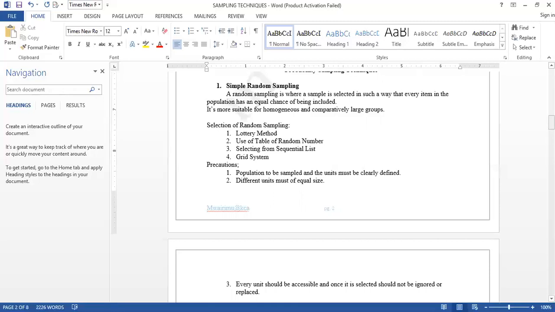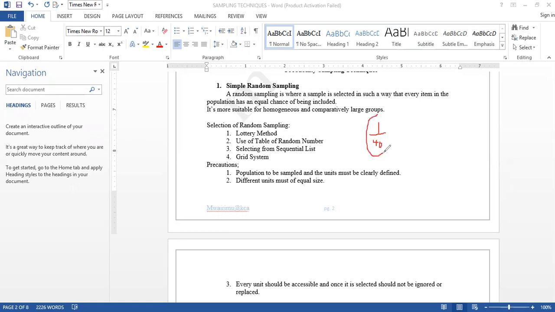For example, if we have a class of, let's say, 40 students, and an element is to be drawn at random using the random sampling technique, then it would mean each and every student in that class will have an equal chance, one out of the total number of students, of being included in the sample.